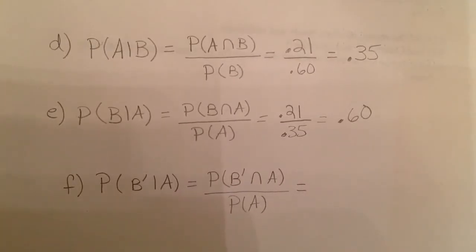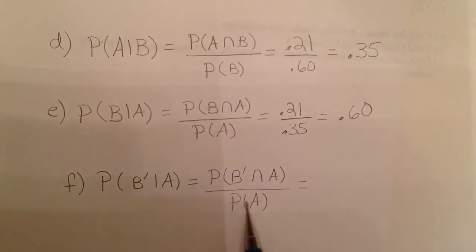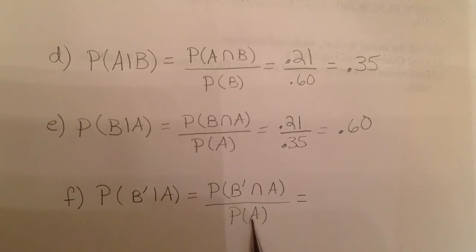Resuming, just got a little bit cut off there. Now for the probability that B is not going to occur given that A has occurred, we're looking at the intersection between the non-occurrence of B with A relative to the probability that A is going to happen.